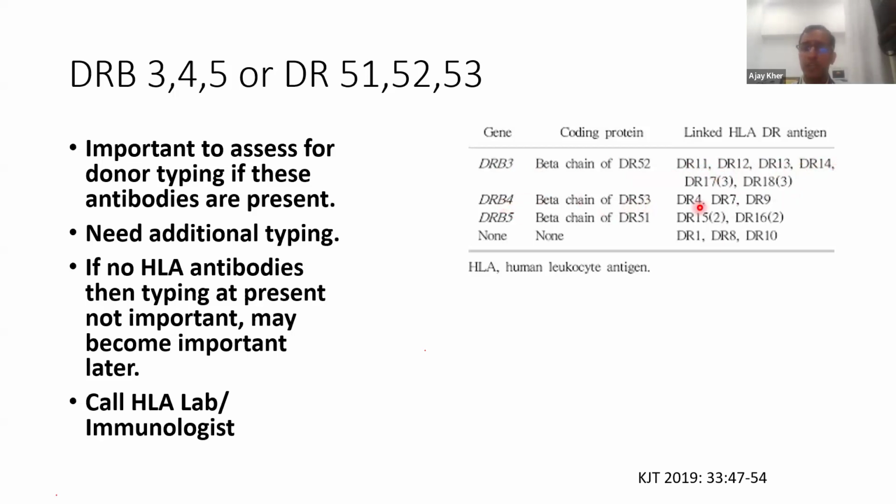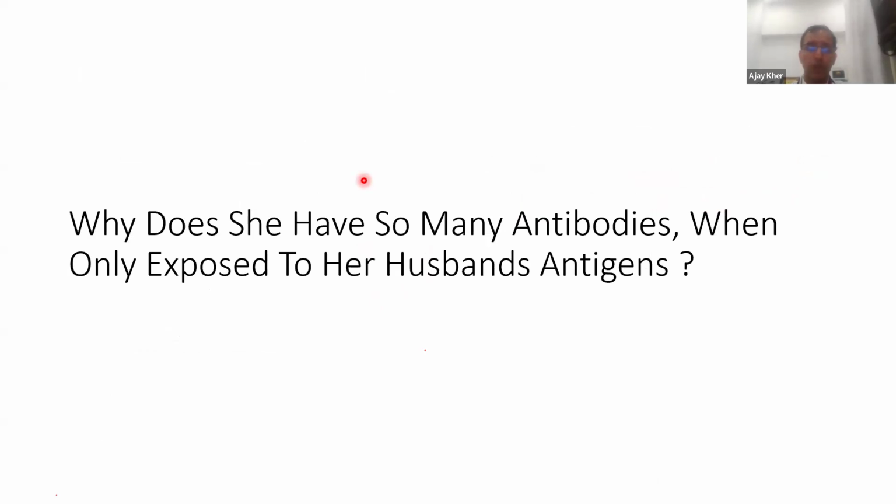Or DRB4 is seen with DR4, DR7, DR9. But they may be present sometimes separately as well. So if you have someone who has a single antigen bead positive for DRB3, 4, 5, you will need to know whether the donor has those antigens or not. And so talking to your HLA lab is going to be important in this situation.